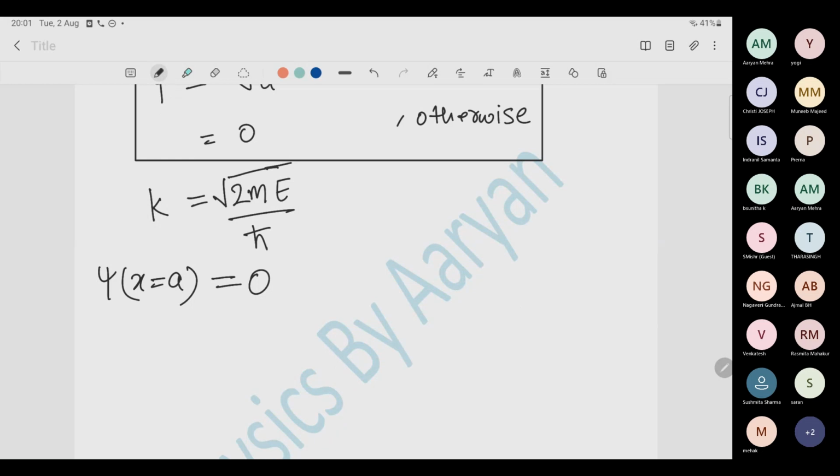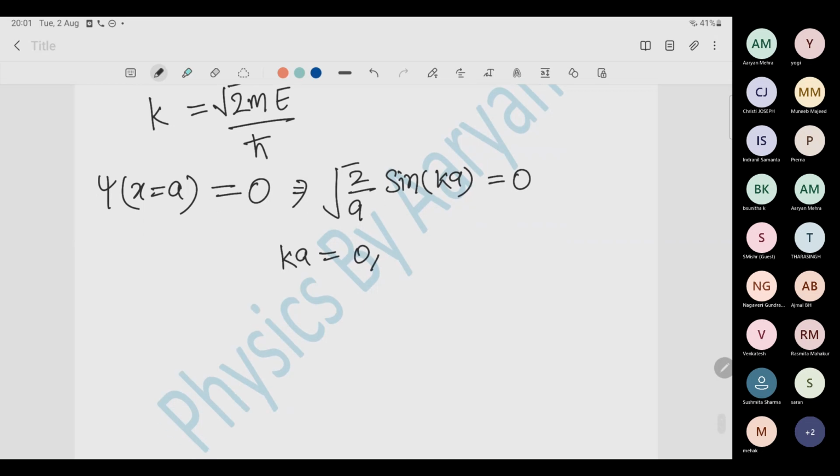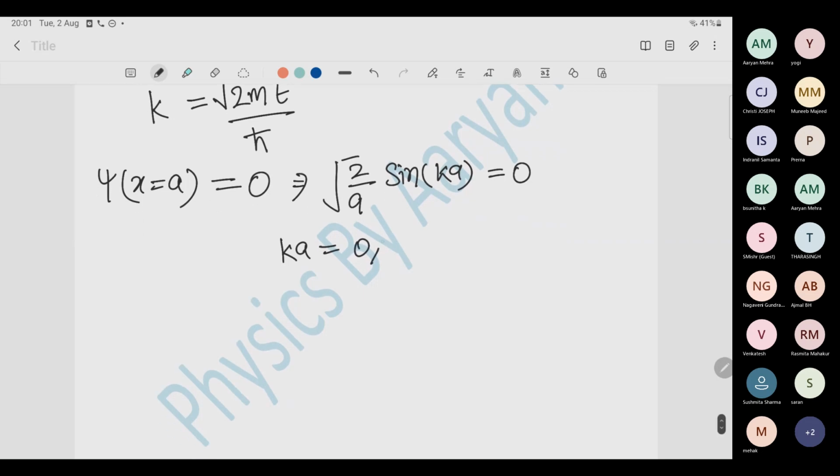So under root 2 by a sine ka must equal 0. There are many possible values of k for which this can be satisfied, because ka can be 0, pi, 2 pi, and so on.